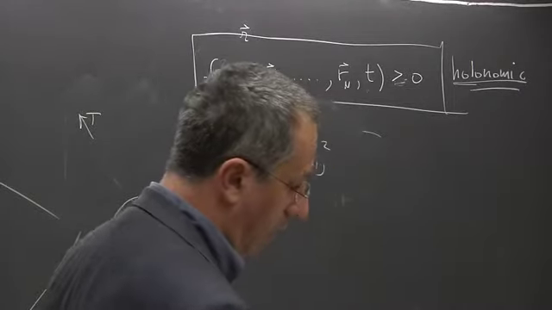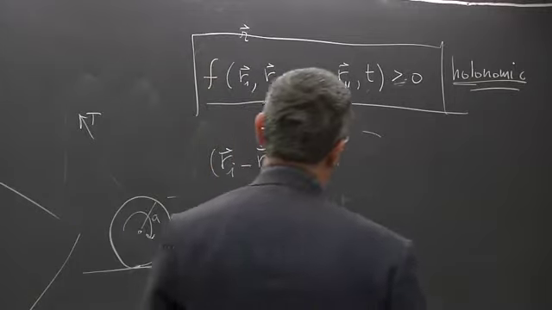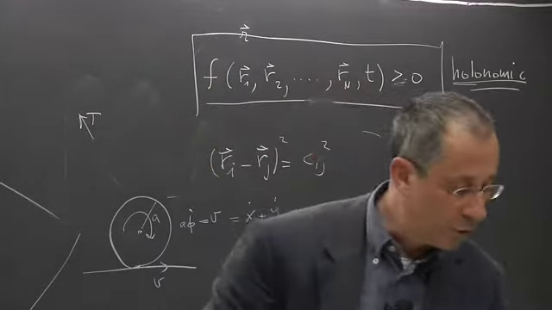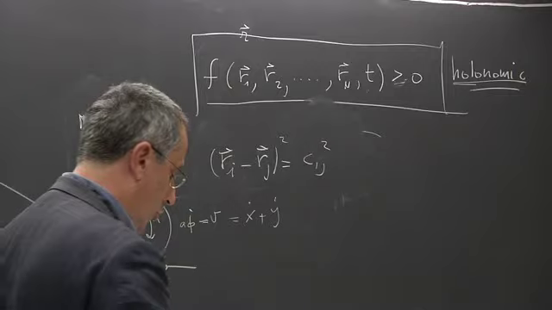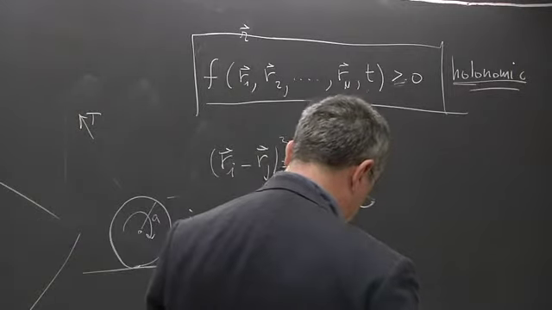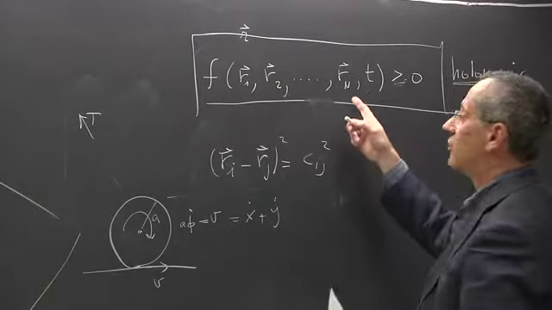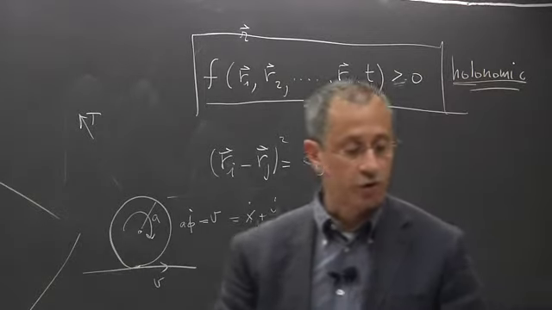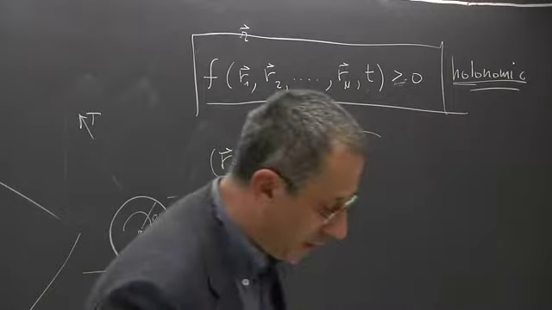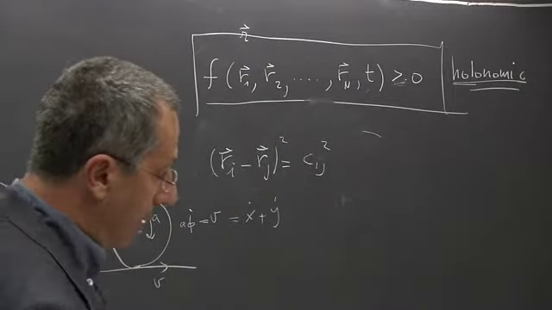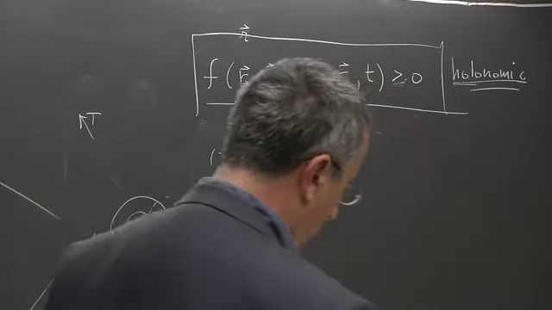Okay, so I just want to say that before you start cranking in your Lagrangian, you want to be careful that the constraints are holonomic, and also that the constraints are not doing any work.